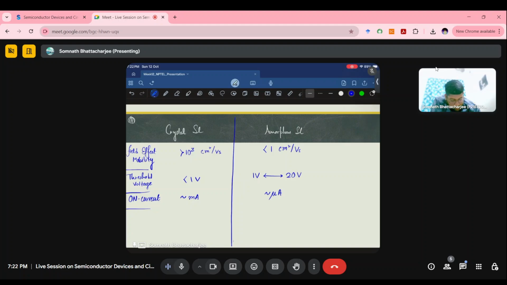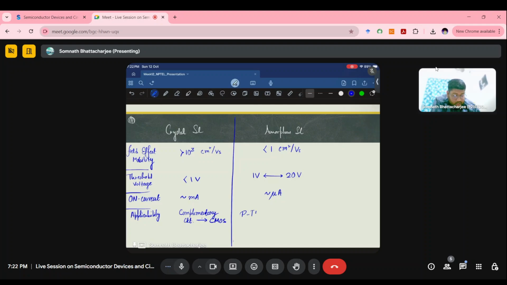So apart from that, we can also say applicability. So these can be used to make a complementary circuit such as CMOS and those things. But in most of the cases, amorphous silicons and organic semiconductors and organic transistors are not able to do that.